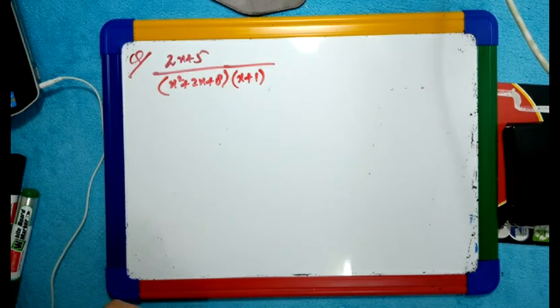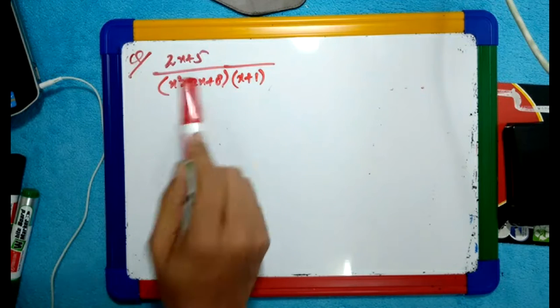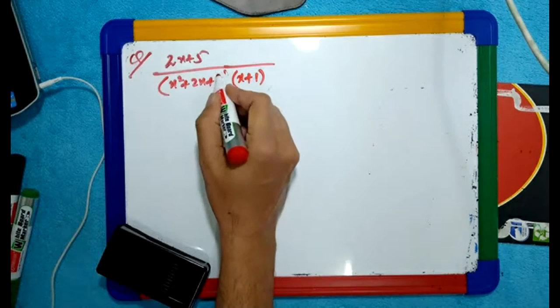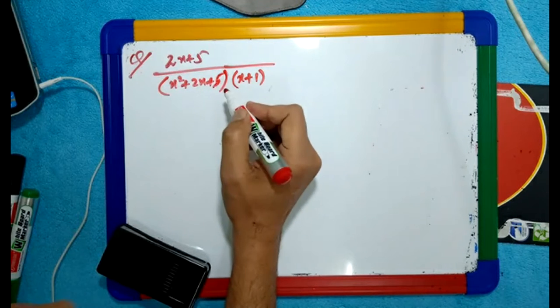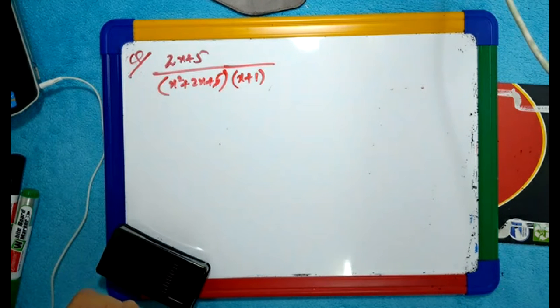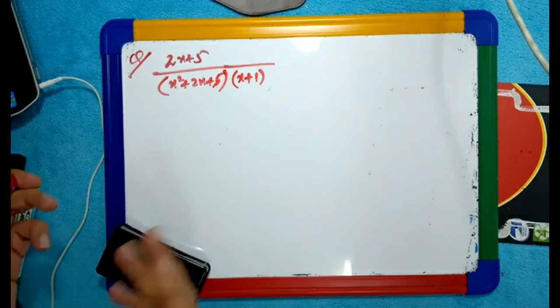Suppose you cannot make a factor. 4 into 2, you would need a minus sign, but that was not a minus sign. So this is an impossible case, I created an impossible case. Now you cannot make a factor. Now what will you do?